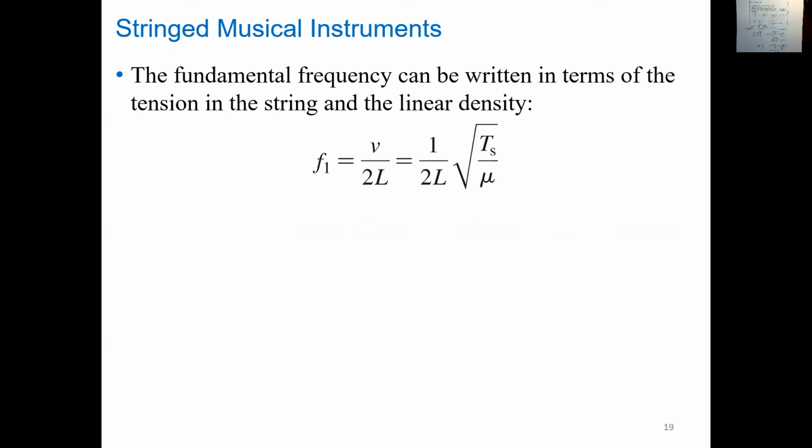So, string instruments. This is going to be a fundamental frequency: the velocity of our wave on the string, v, which we said was the square root of the tension on the string divided by mu, over 2L. 2L is the length of the string between whatever holds it in place on your instrument.